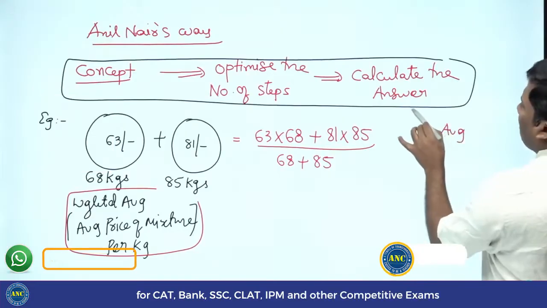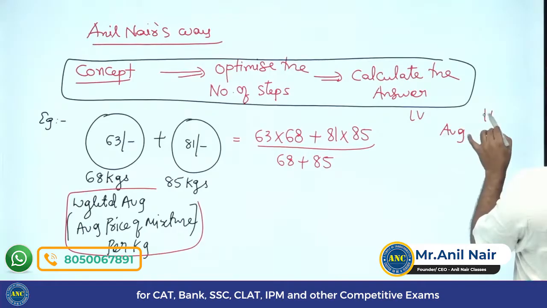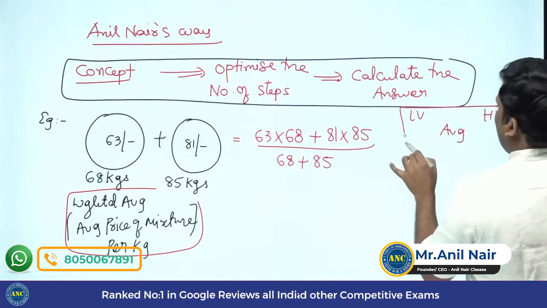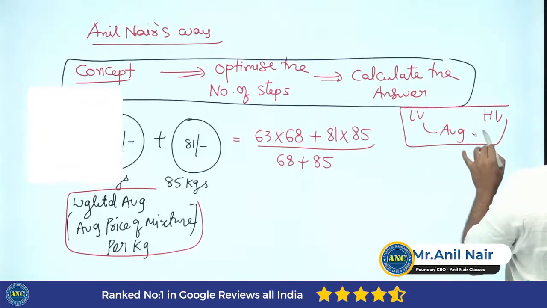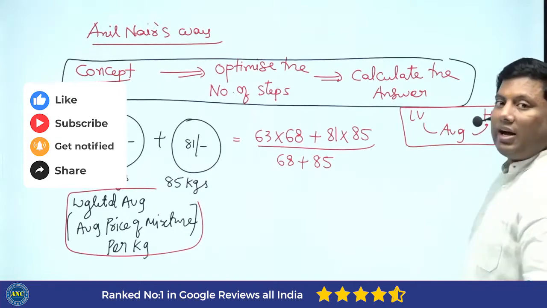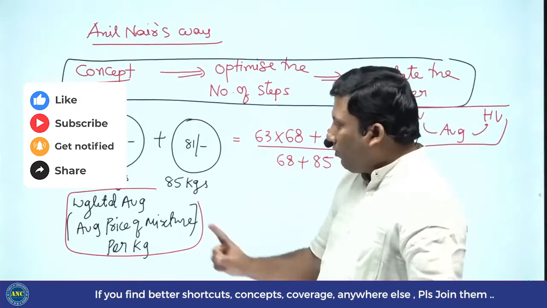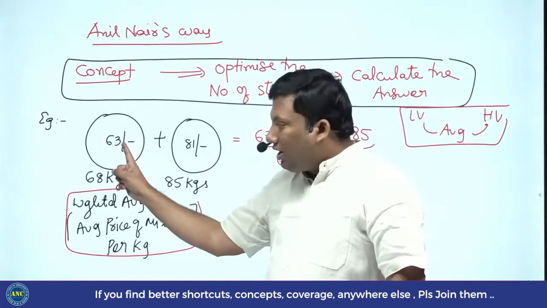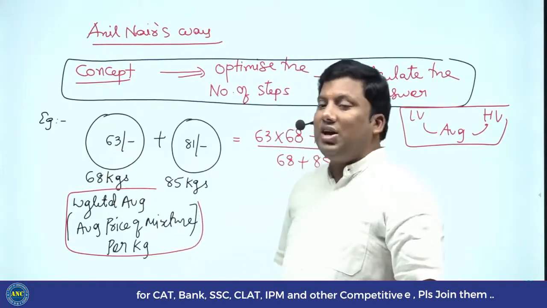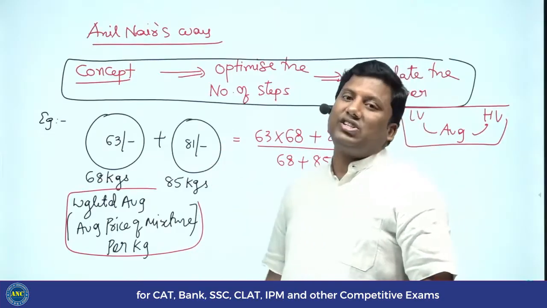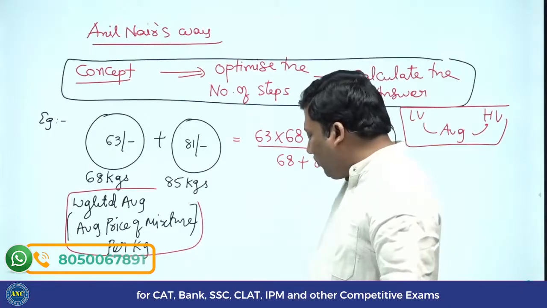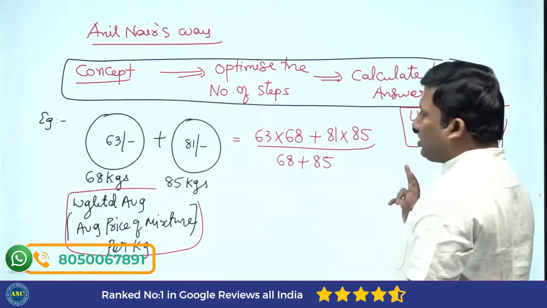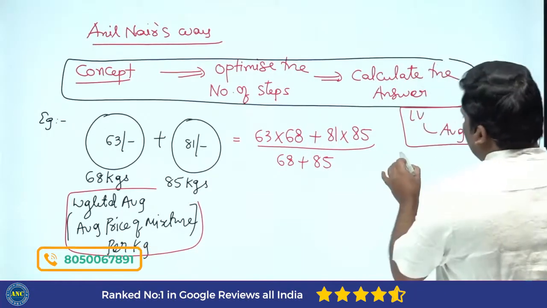Now there is a concept we know. Average always lies between the lowest value and the highest value. Point number 1. Eliminate the options. What is the lowest price of the mixture? 63. What is the highest price of the mixture? 81. Average always lies between 63 and 81.